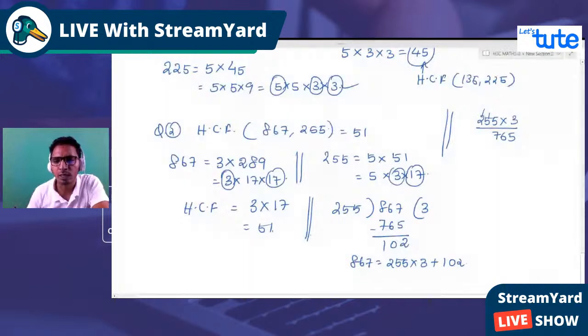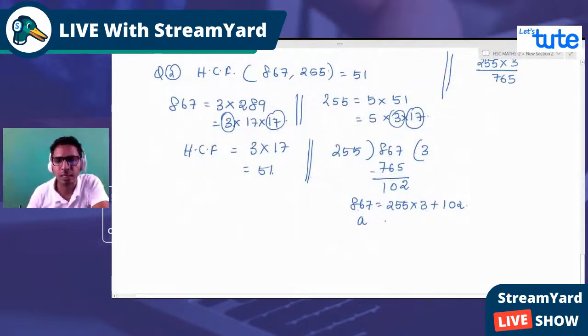In this case, A is 867, B is 255, Q is 3, and R is 102. R is non-zero, so B will be our new A, and R will be our new B, and we have to find new Q and new R. 255 is 102 multiplied by 2 plus 51.